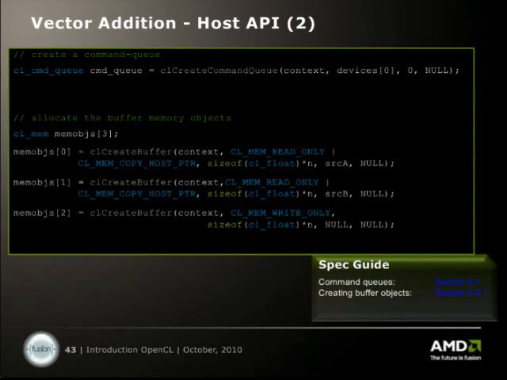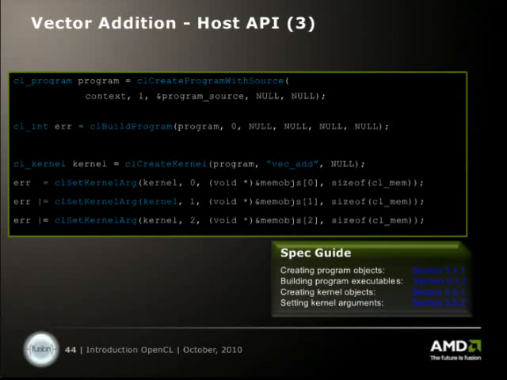We say, just give me back a context with all possible devices, and I'll do that with a particular platform, so maybe a CPU and a GPU. You can query the context to get back the set of devices. We first query to find out how many we got, and then we get the actual set of devices returned, because we'll need that, remember, to create our command queues. We just pick the first device for simplicity in this example.